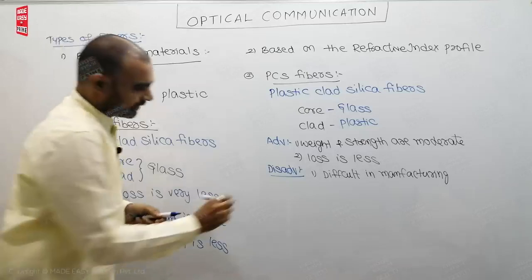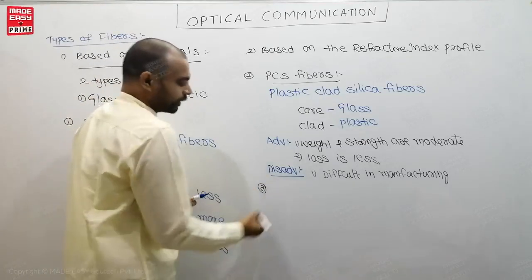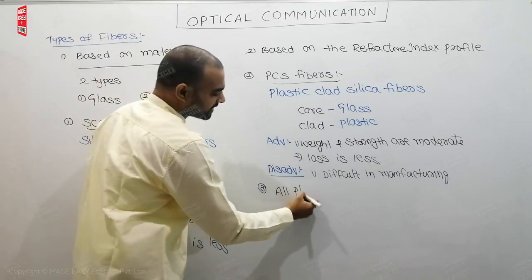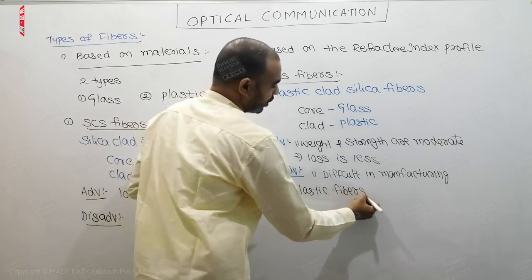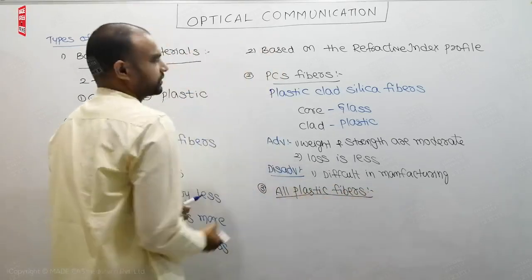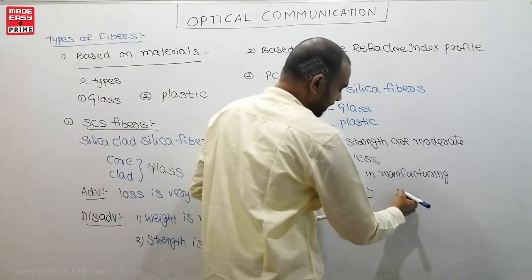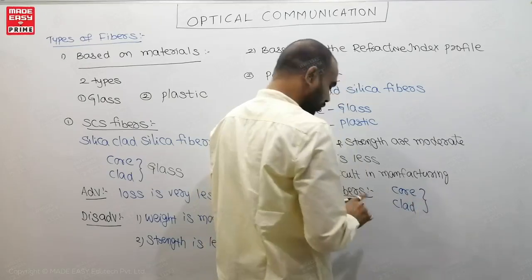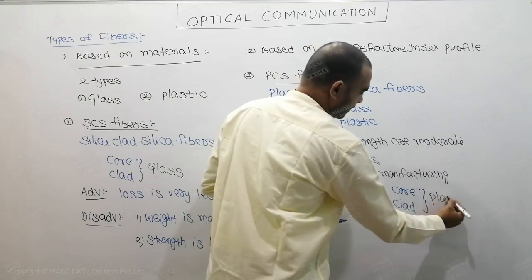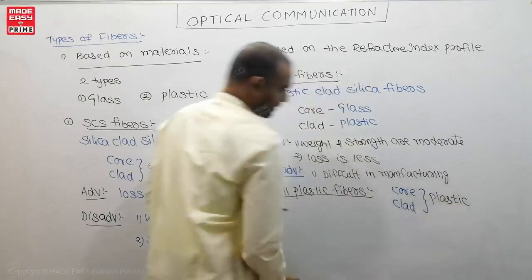The third one is called all plastic fibers. In all plastic fibers, core and clad both are manufactured with plastic.